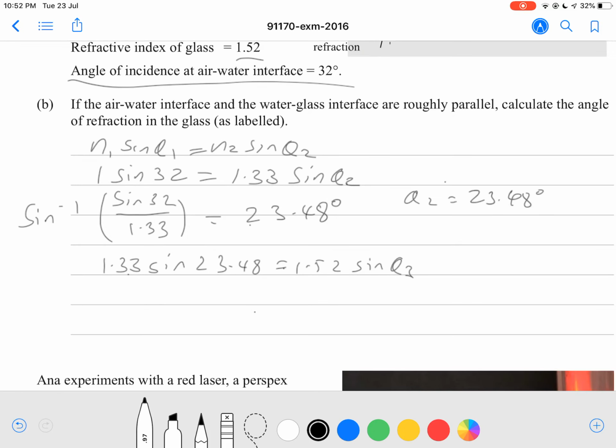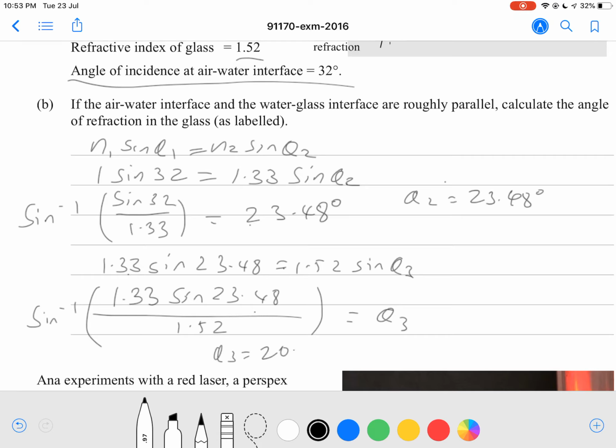Once again, this can be simplified: 1.33 times sine 23.48 divided by 1.52, and then we calculate the inverse sine of our answer. Your theta 3 should come out as 20.4 degrees. And that should be your final answer.